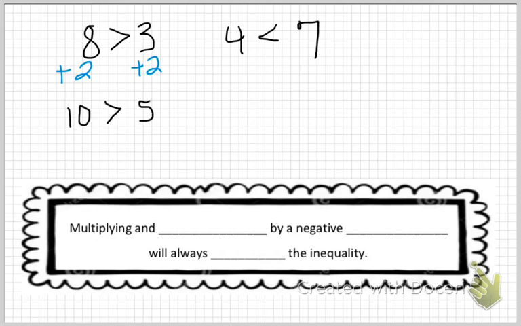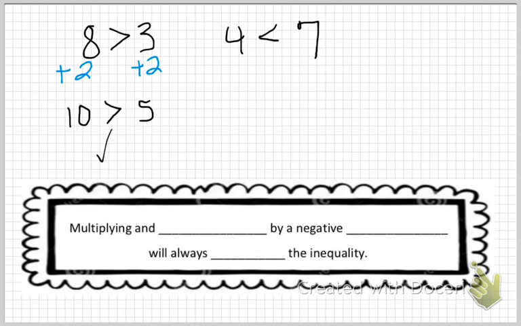The inequality doesn't change, and we get that this amount is still greater than this amount. So this is still true. Even if you add a 3 on both sides, if you add a 4 on both sides, if you add any number on both sides, the left hand side is always going to be greater than the right hand side.